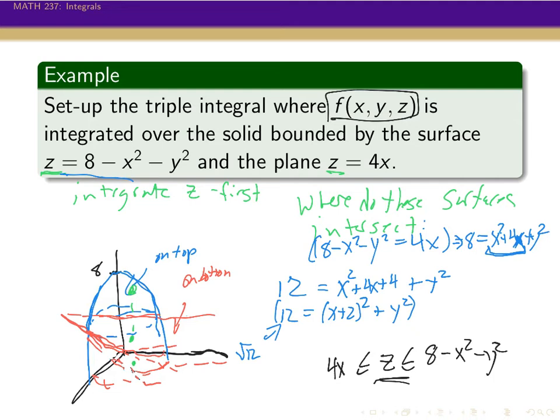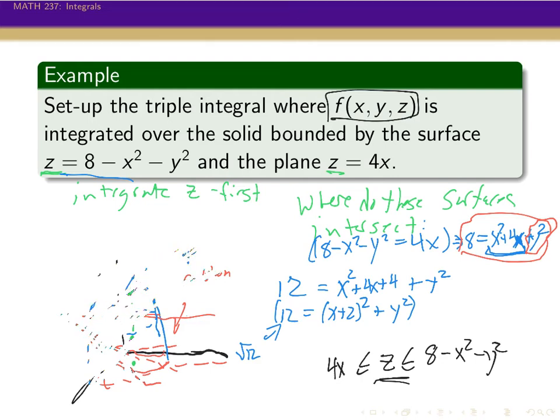In fact, I didn't even really need to get to this point. This really gives me everything that I want because I have a single y here. Right? And so that's the equation that's giving me my region on the xy plane. And it does happen to be a circle.